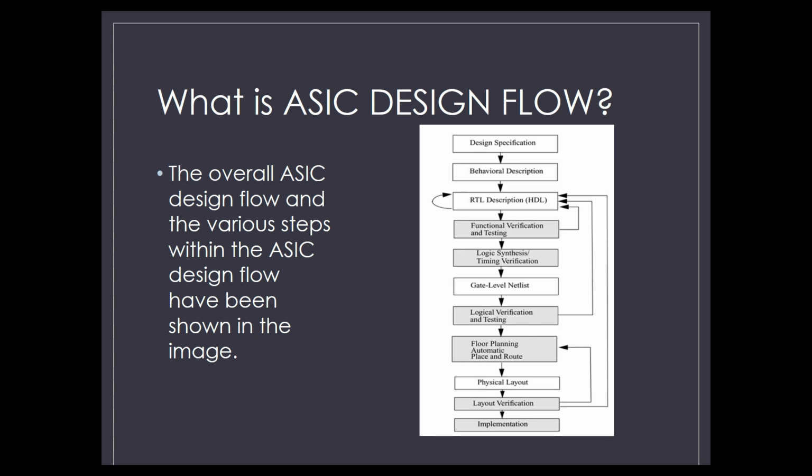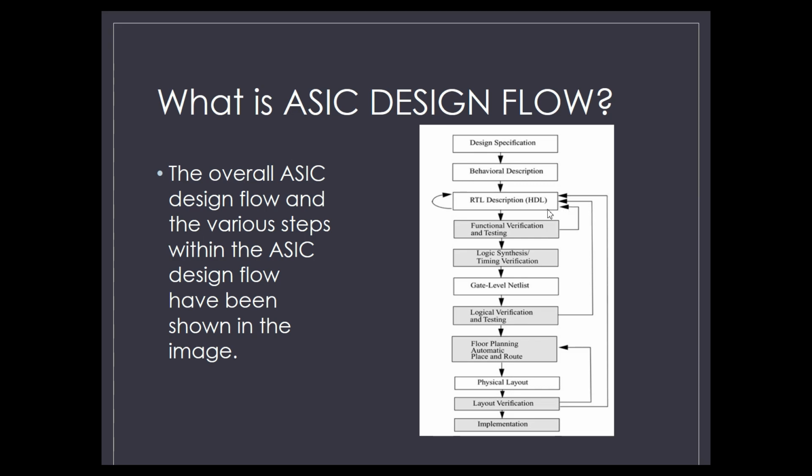Because once the chip has been fabricated, if any bugs are found after that, then it's not possible to fix those bugs. And if a chip with bugs is sent to the market and any consumer finds that bug, it's very detrimental to the reputation of the company as well as it will lead to economic losses. So all the possible measures are taken to make sure that the chip is as bug free as possible.